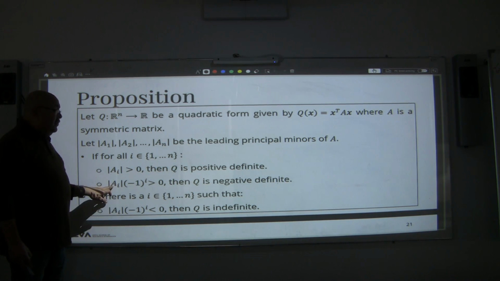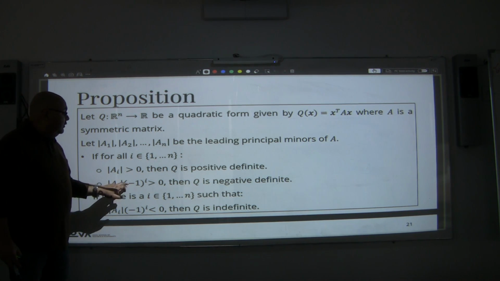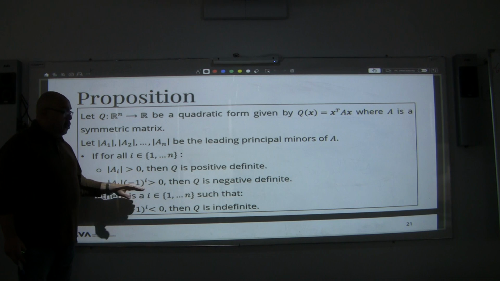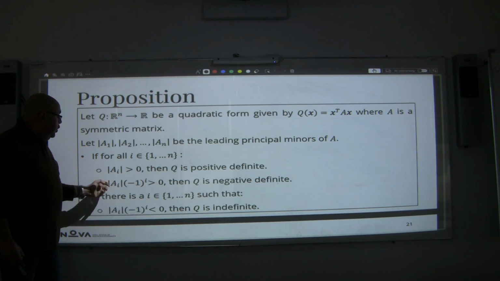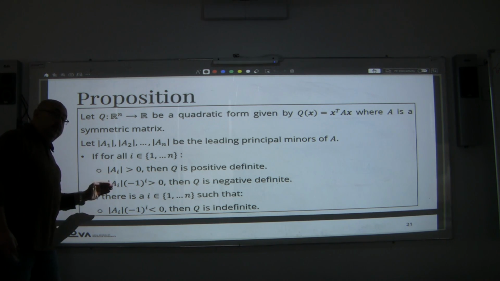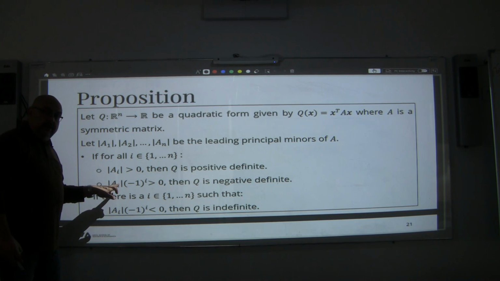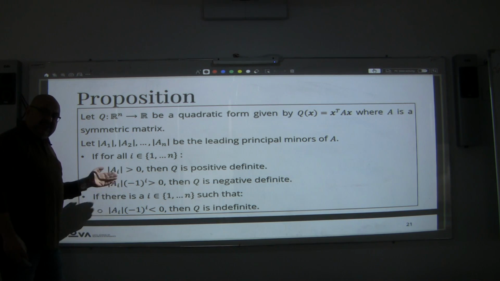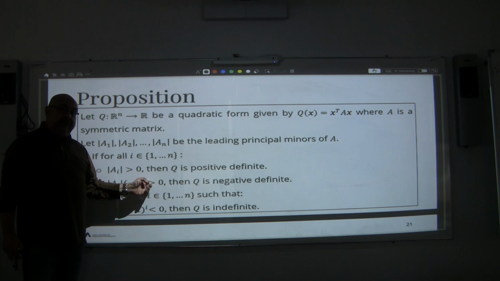Okay, if you have, remark, A sub I times negative 1 to the power of I greater than 0, which means you will have an alternating case, starting with the first minor less than 0. The first minor will be negative, times negative 1, so it will be positive. The second one, A2, is positive times a positive sign, so the result is greater than 0.